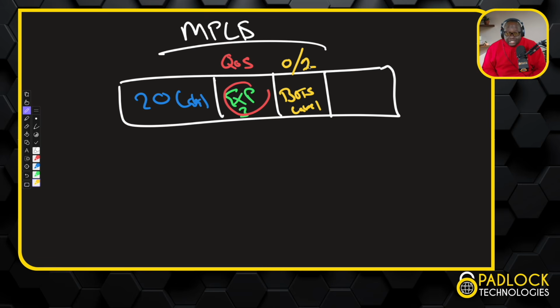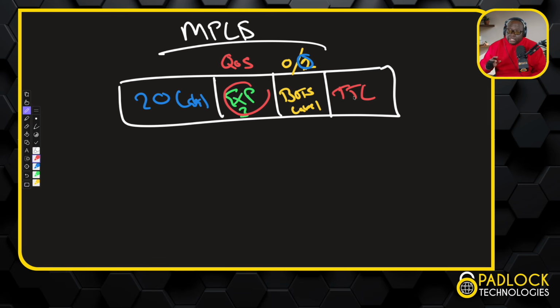If it is a 0, it means it is not the last label in the stack. So that's a quick answer to your question. If it's a 1, it is the last label in the stack. And that is usually the VPN label, right? The service label. And then the last one is TTL, all right?